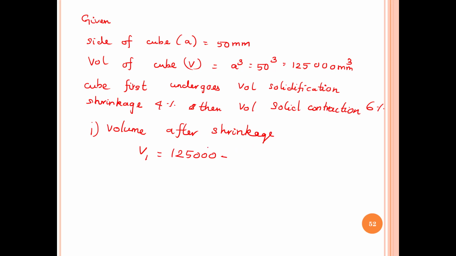So the original volume is 125,000. Now the volumetric shrinkage that we have to take into account: 125,000 into the volumetric solidification shrinkage, which is given as 4%, 4 divided by 100.